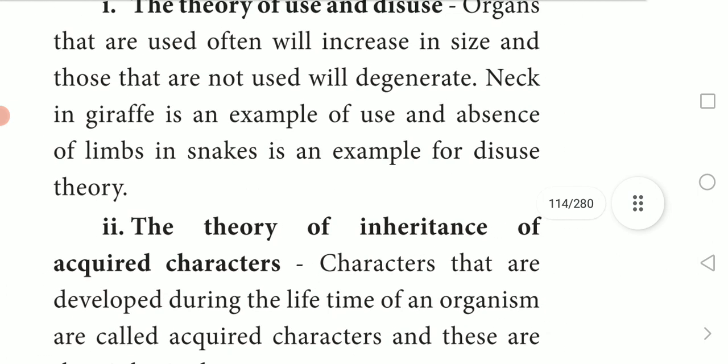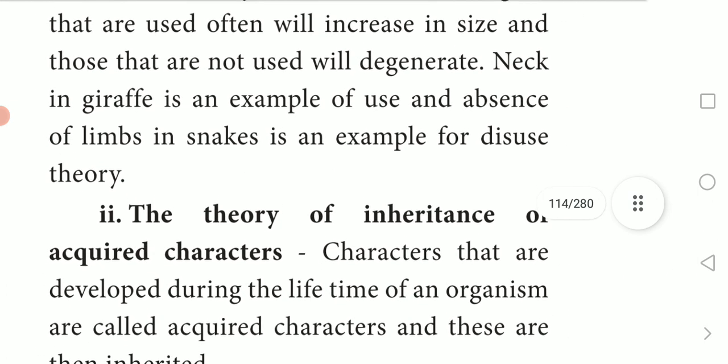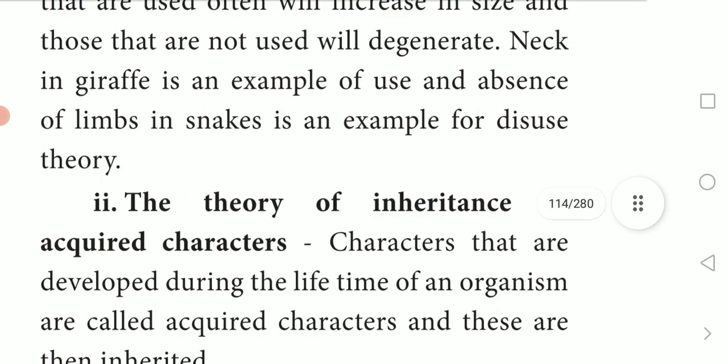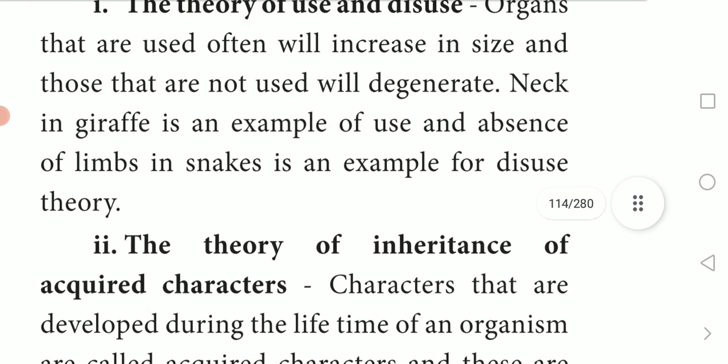What do they say here? The organs that organisms have should be used very often. If those organs are not used often, they will degenerate, be reduced, or disappear. That is the concept of the use and disuse theory.